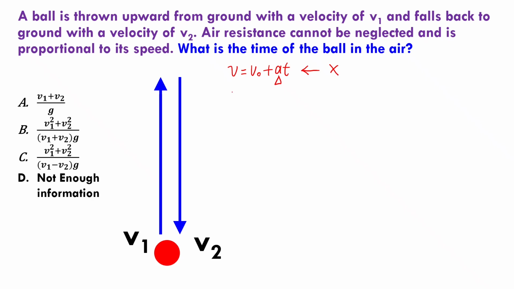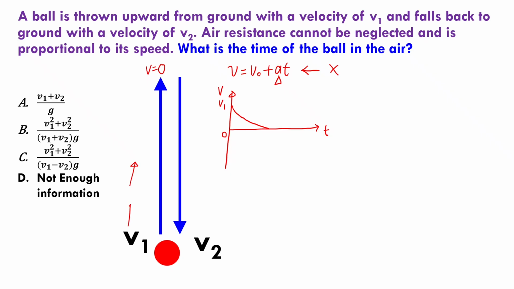If we draw the velocity versus time graph, maybe we will find out something very interesting. We know the initial velocity at t equals 0 is v1. As the ball goes up to the top, its speed becomes 0. So the graph looks something like this.